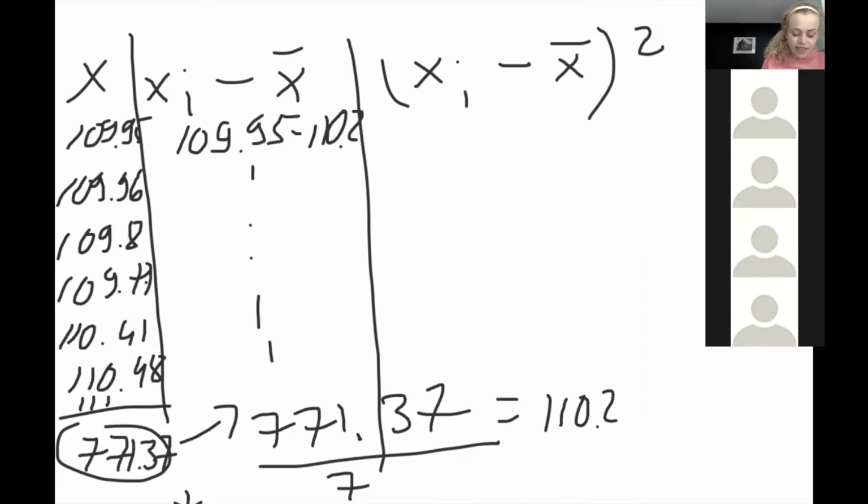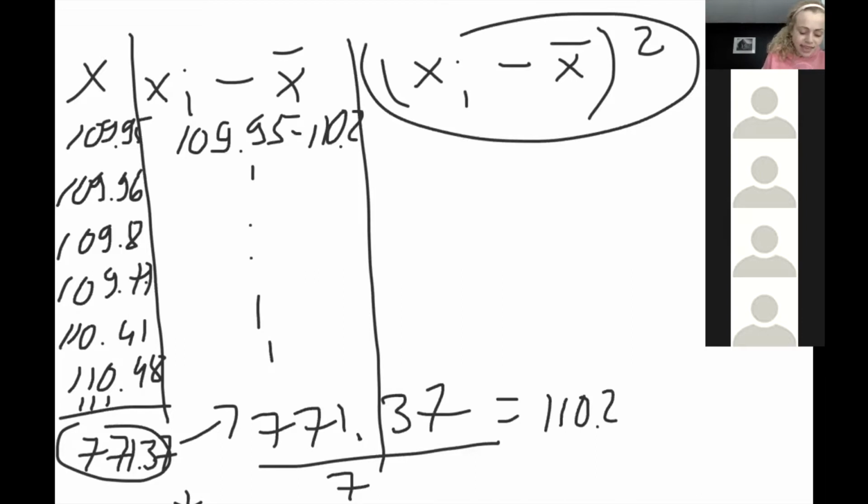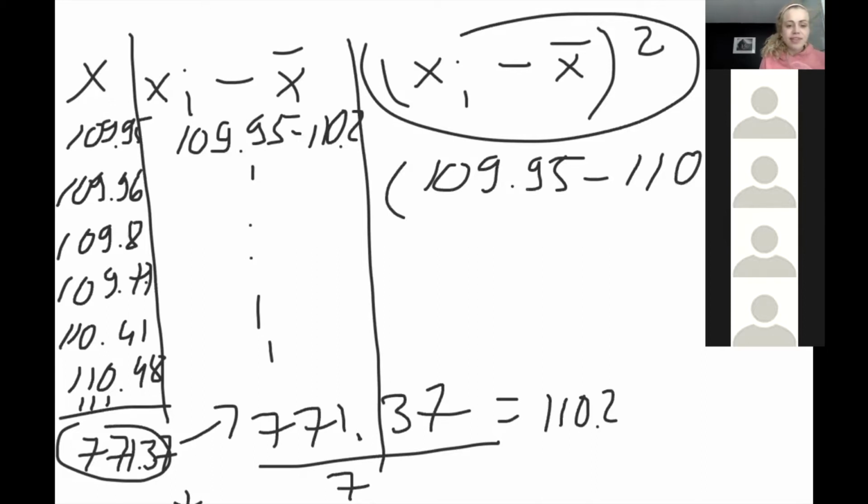And then to calculate the squared deviation from the mean, you take this 109.95 minus 110.2, and then you square it. And then you sum every squared deviation. You add all the different values from every row.